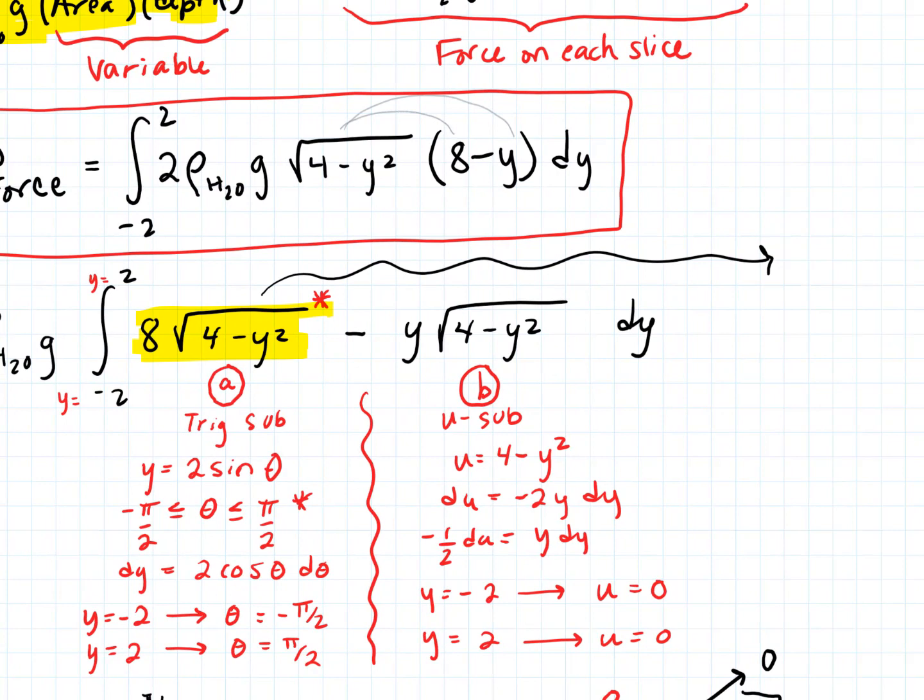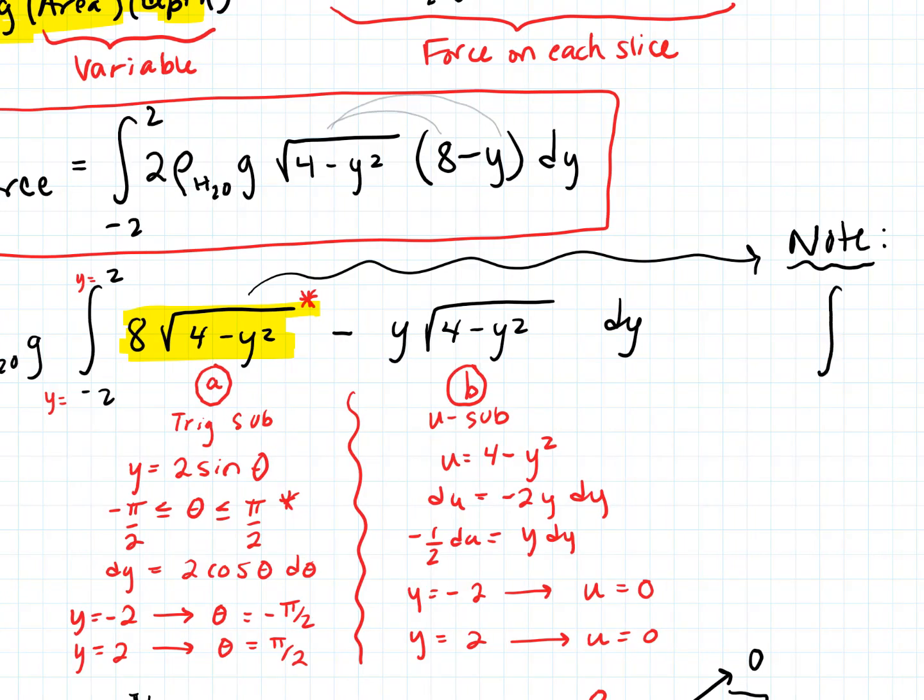When you look at the integral just from negative 2 to 2 of the square root of 4 minus y squared dy, this is actually equal to the area of 1/2 of a circle of radius 2.